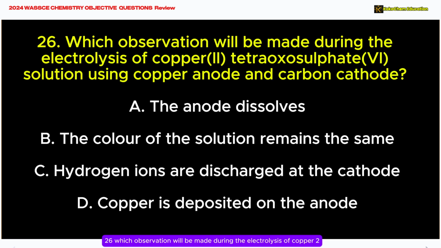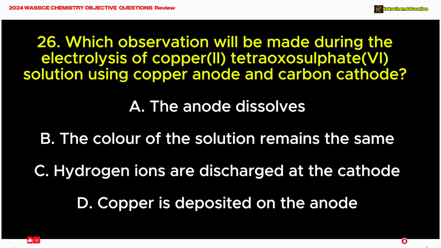26. Which observation will be made during the electrolysis of copper(II) tetraoxosulfate(VI) solution using copper anode and carbon cathode? A. The anode dissolves. B. The color of the solution remains the same.